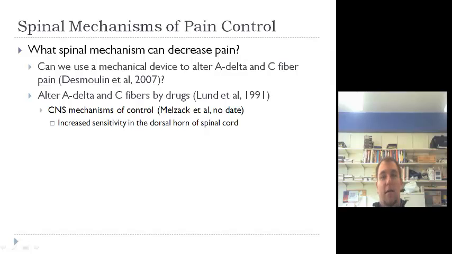So we can do that by using a TENS unit, by using a high volt, by using different types of electrical modalities. Can we alter A delta and C fibers by drugs? Yes. Yes, yes, yes. Increase sensitivity in dorsal horn of the spinal cord, we can definitely do that.